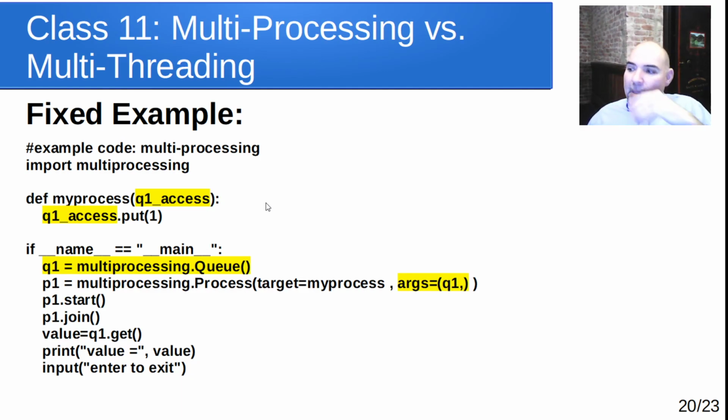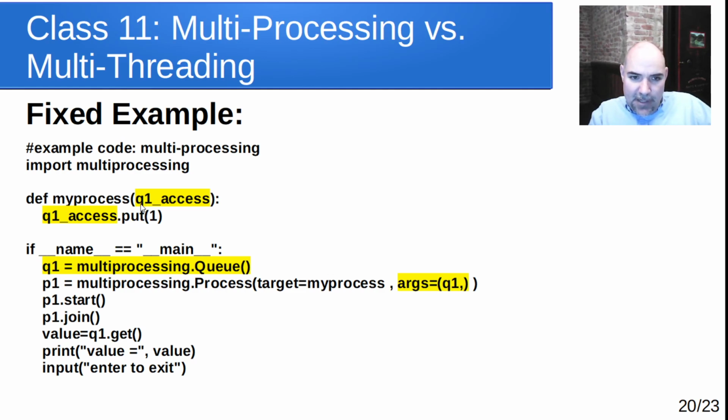To fix that, essentially we need to pass the reference to that queue to the process when we create it. In other words, when we create the process, we say, here's the reference to this queue object that you're going to access. And then we need to make that process accept that kind of accessor reference in order to access it.